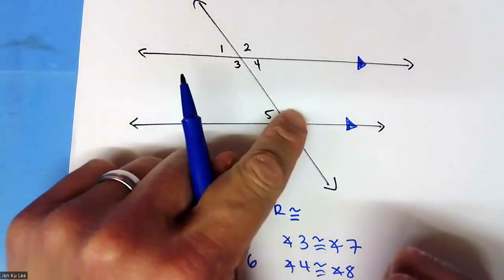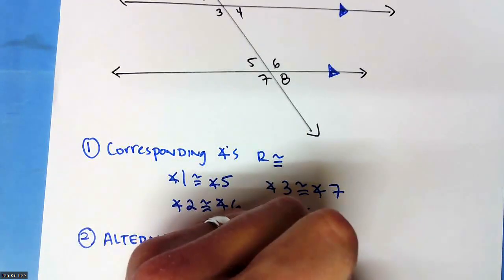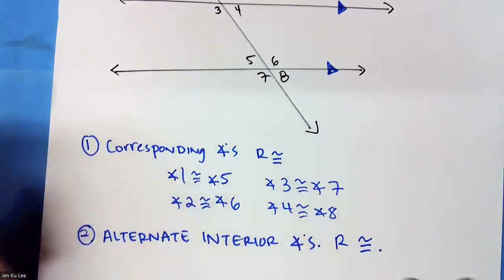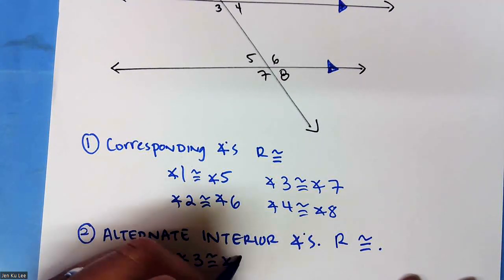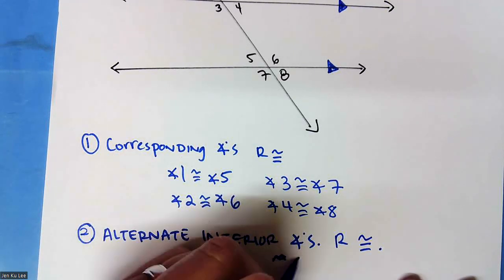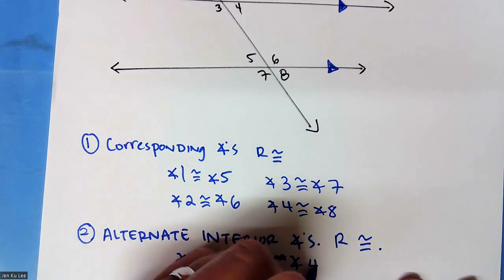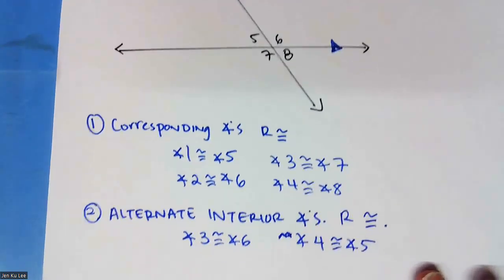So angle 3 and angle 6 and angle 4 and angle 5. And they are also congruent, okay? So angle 3 is congruent to angle 6 and angle 4 is congruent to angle 5, okay?